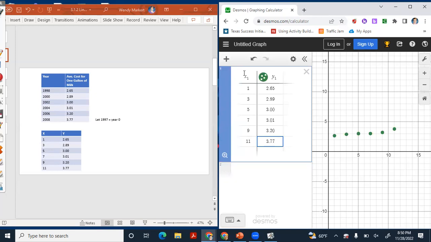So there's my data, and it looks like it could be linear. It's not a perfect line like our last data was, but it looks like we could draw a line through this.